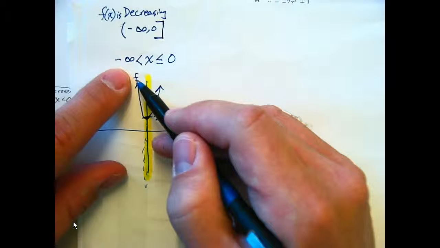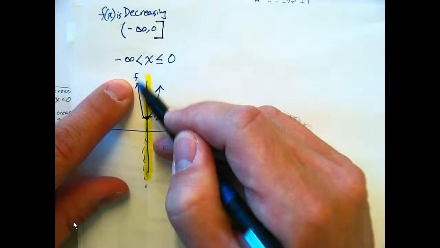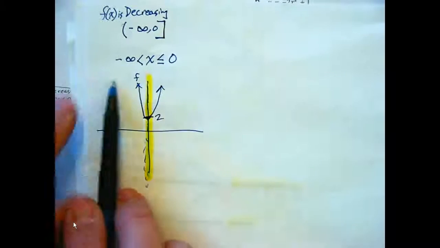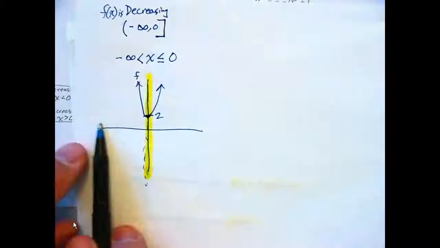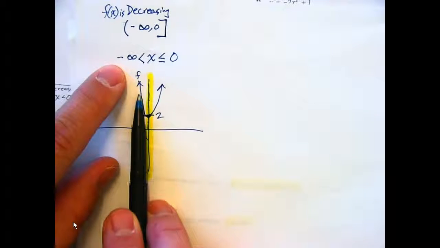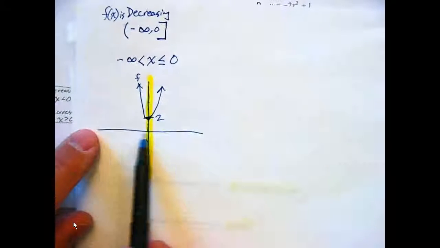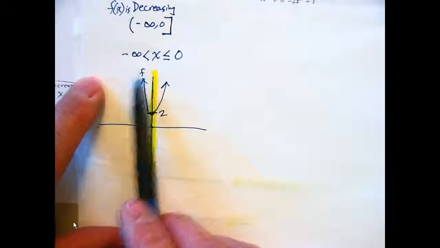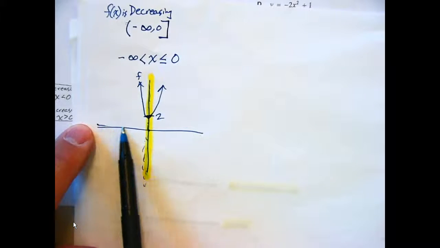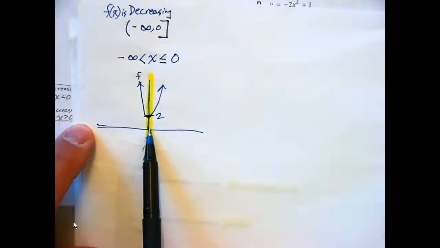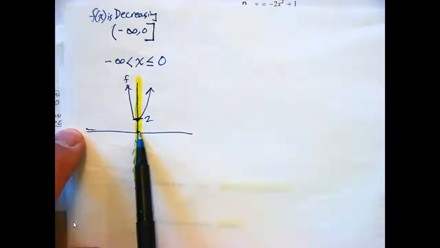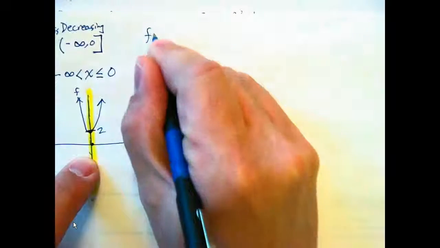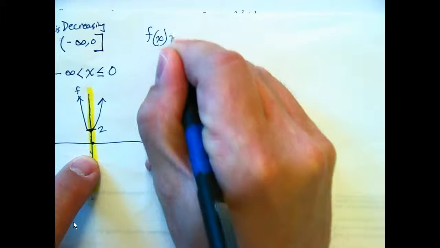So the whole function is decreasing from negative infinity on the x-axis all the way until you hit x equals 0. And then once you get to x equals 0, it's increasing again. So this statement just says, I'm decreasing from negative infinity until I get to 0. If you were going to say increasing, you'd have to put another statement: the graph of f of x is increasing.